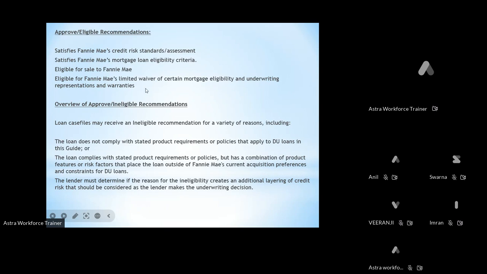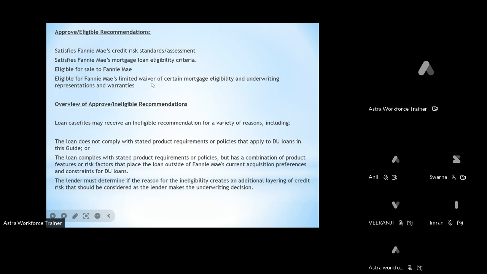Some lenders will process the file. In my company also, we have some clients who will accept an approve ineligible recommendation. That depends on the client requirement.